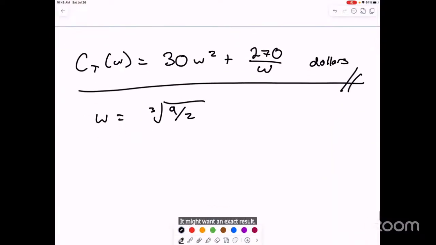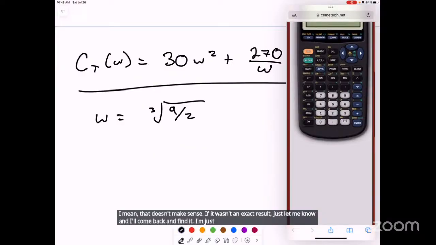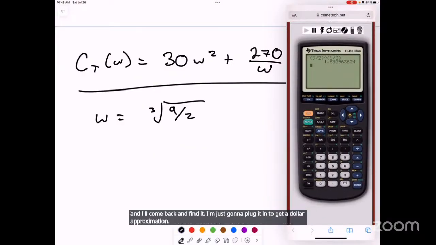Okay, just in case it wants an exact result. So the total cost, I mean, that doesn't make sense. If it wants an exact result, just let me know and I'll come back and find it. I'm just going to plug it in to get a dollar approximation.